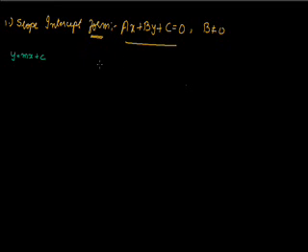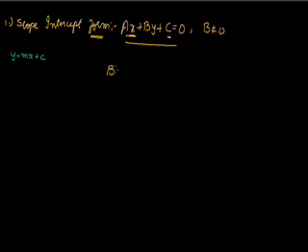For that, if I see my slope intercept form, my y coordinate is on the left hand side of the equal to sign, while my x coordinate and constant are on the right hand side. So I will try to formulate the standard equation of the line in the same format. We'll first take the terms containing x as well as the constant on the other side of the equal to sign.